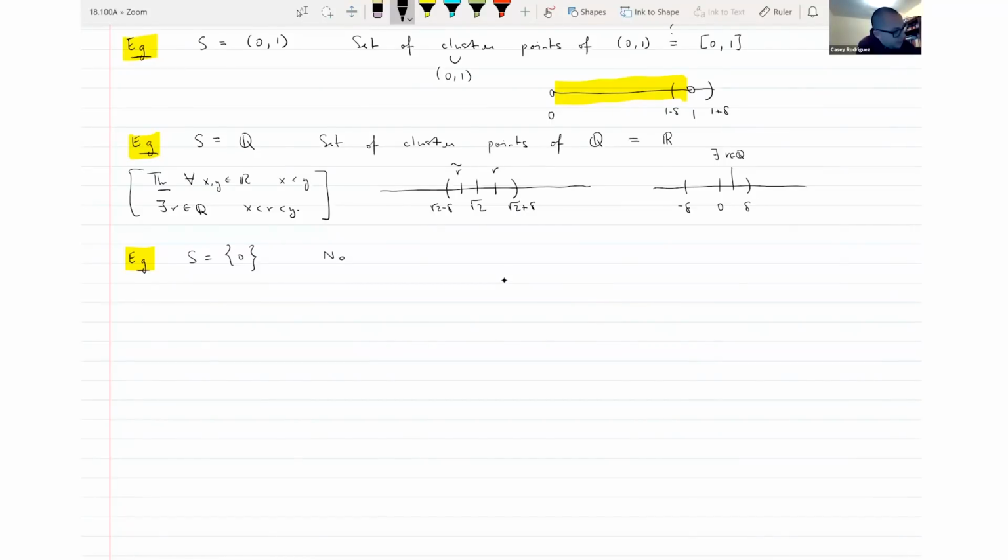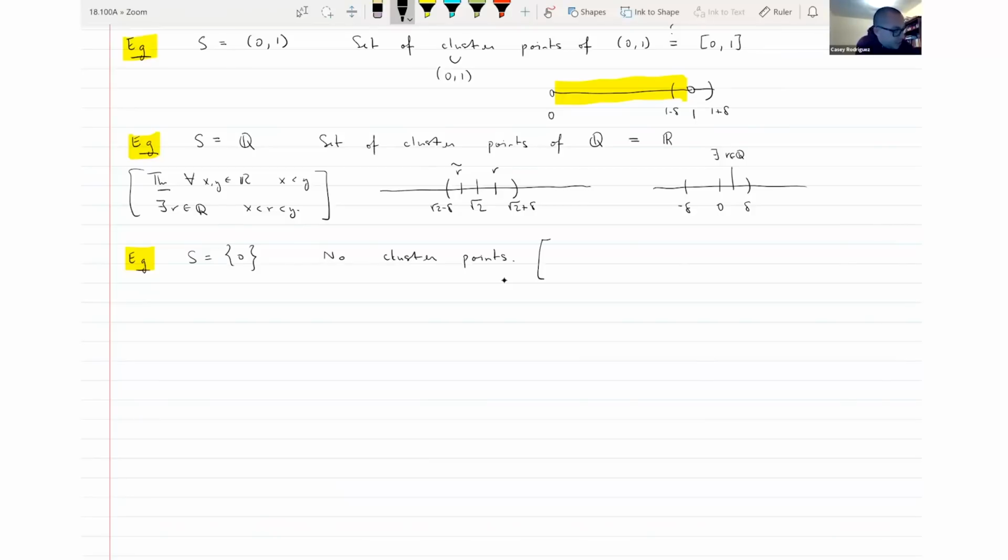Now, I claim that this set has no cluster points. Intuitively, why is this? For something to be a cluster point, it has to have a lot of the set near it, and there's not a lot of the set to begin with. There's just one element. So let's see why this is the case.